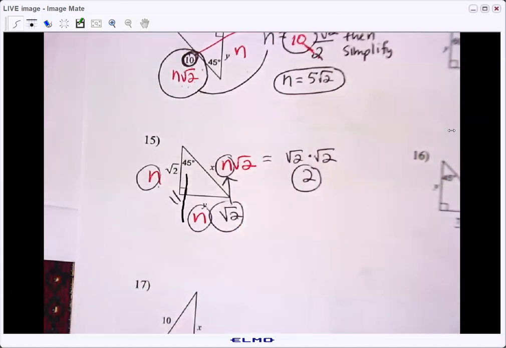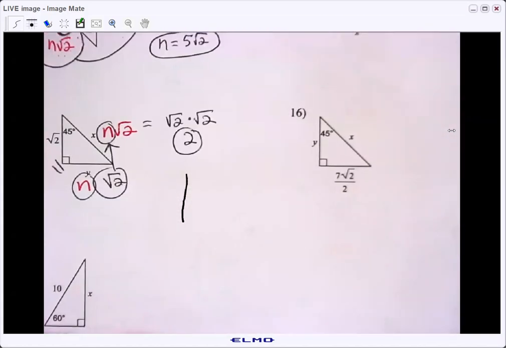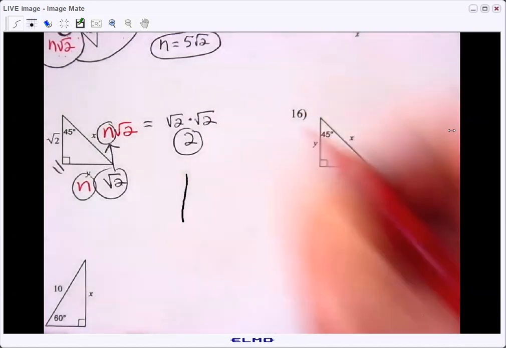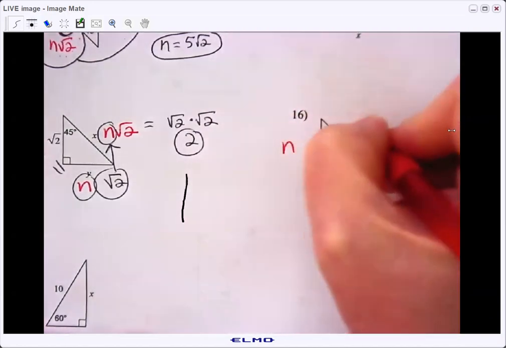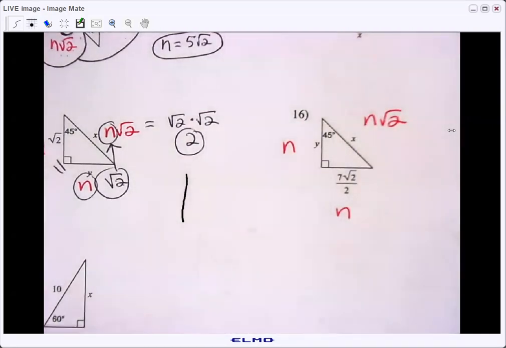Okay. And then last, for the 45/45s, labeling, I have n, n, and n root 2. And what do they all have in common? The n.